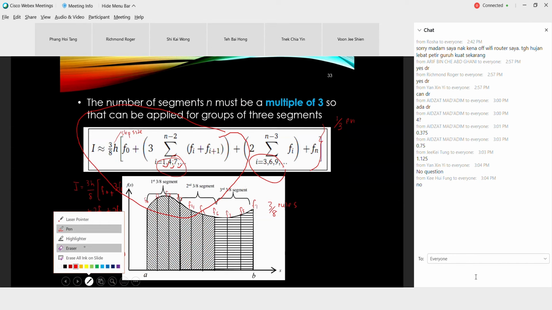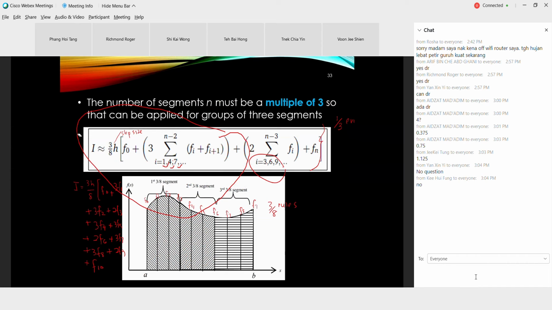the formula for Simpson 3/8 is basically the total integration value equal to 3/8 h multiplied by f0 plus 3f1 plus 3f2 plus 2f3, written back as the end of the group, plus 3f4 plus 3f5, go back to 2 segment, plus 2f6.